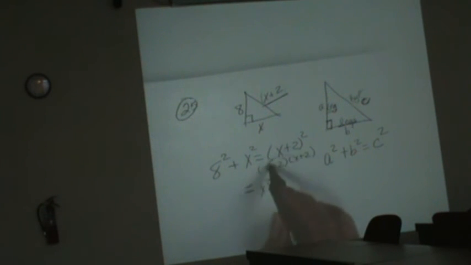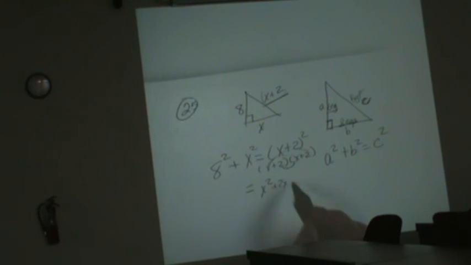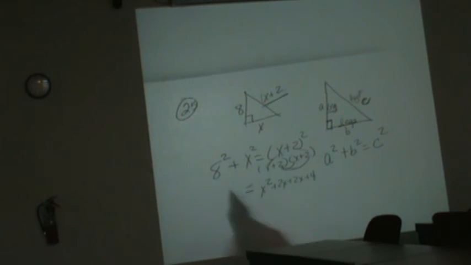And then plus 2X plus 2X, and then the last times the last is plus 4. And let's bring these other two down here. 8 squared is what? 8 times 8? 64.